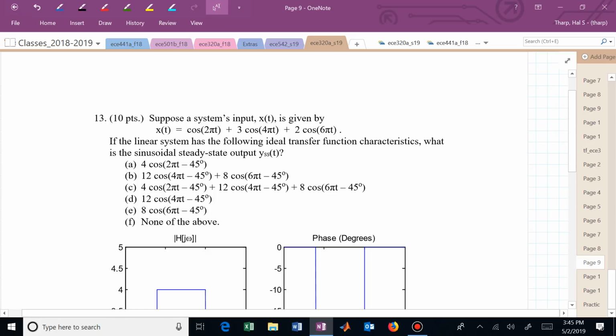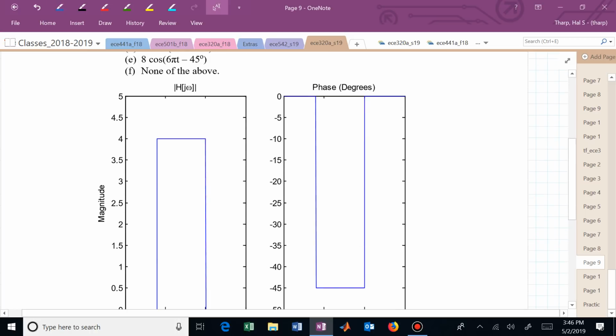What am I asking? I'm initially saying, what are these frequencies? We have cosine of omega t, where omega 1, omega 2, and omega sub 3 are in different arguments of this x of t overall. What's this omega 1? It's 2 pi, isn't it? 6.28. So this is now 2 pi, which is 6.28.